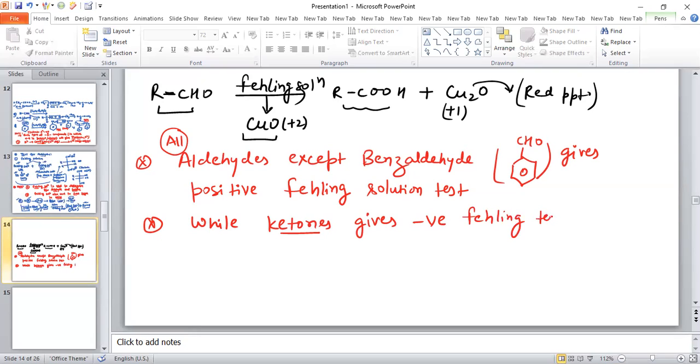So all aldehydes give a positive Fehling's test except benzaldehyde.